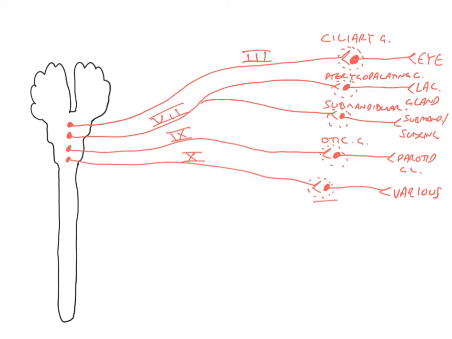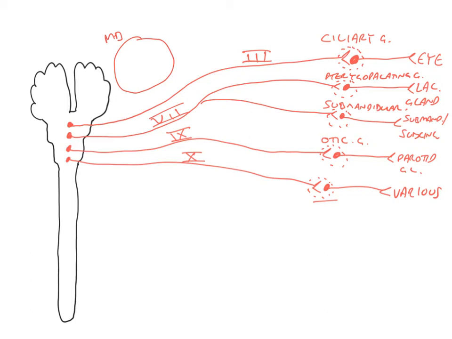And that principle is that many of the cranial nerves contain axons which have different origins. And I'm going to try to explain this by using the third nerve as an example. Now, the third nerve emerges from the midbrain, so this is the midbrain here, which I've just drawn.